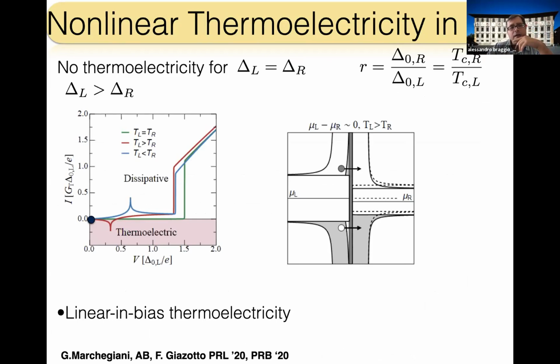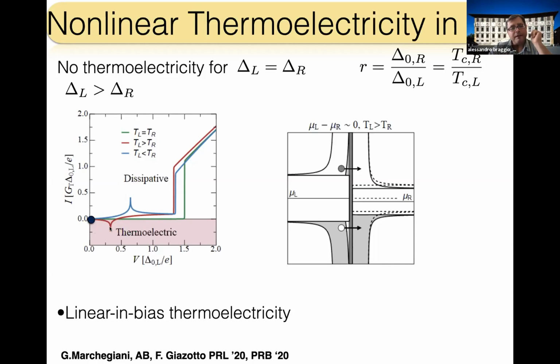And here you see exactly what happens to the IV. With the same temperature, you have the green line, a standard SIS junction. With a gradient of temperature, you can get the matching peak, and it's still dissipative because in this region the IV is positive. But now, if you put in the temperature gradient, as I told you before, you get thermoelectricity.